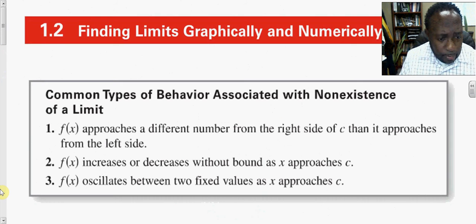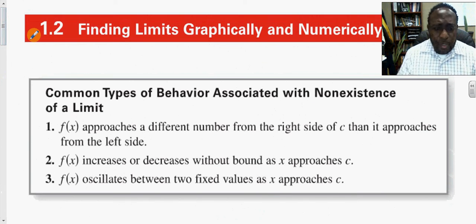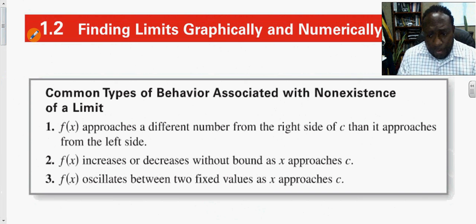So now, in looking at this section, finding limits graphically and numerically, there are some common types of behavior associated with non-existence of a limit. Three possibilities here: first, the function approaches different values from the right side and the left side as x approaches some value c.